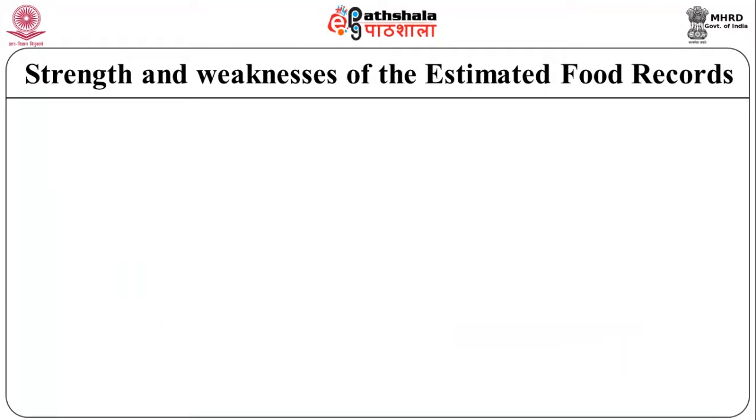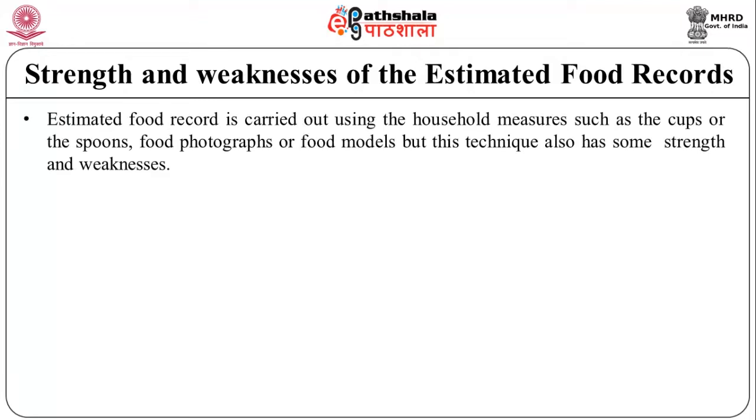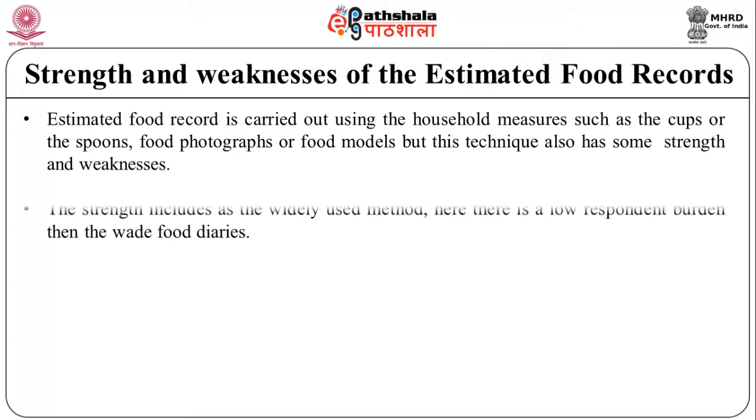Now let's see the strengths and weaknesses of the estimated food records. Estimated food record is carried out using household measures such as cups or spoons, food photographs or food models. But this technique also has some strengths and weaknesses. The strengths include that it is a widely used method.